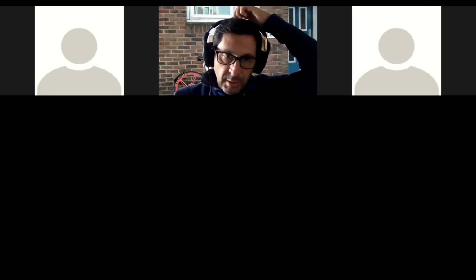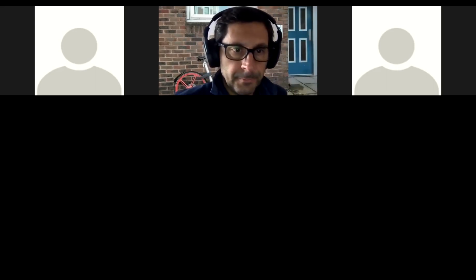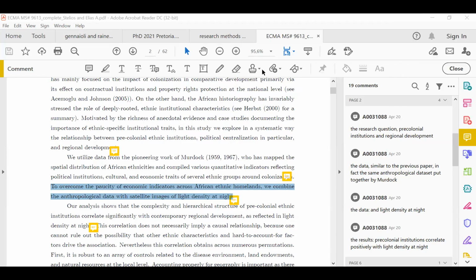Anyway, doesn't matter. So it's essentially, folks, we're going to see it later anyway. Essentially they use these satellite images of light density at night, and this data comes from NASA, right? There isn't anyone here who studied with me before I left University of Pretoria back in 2018.